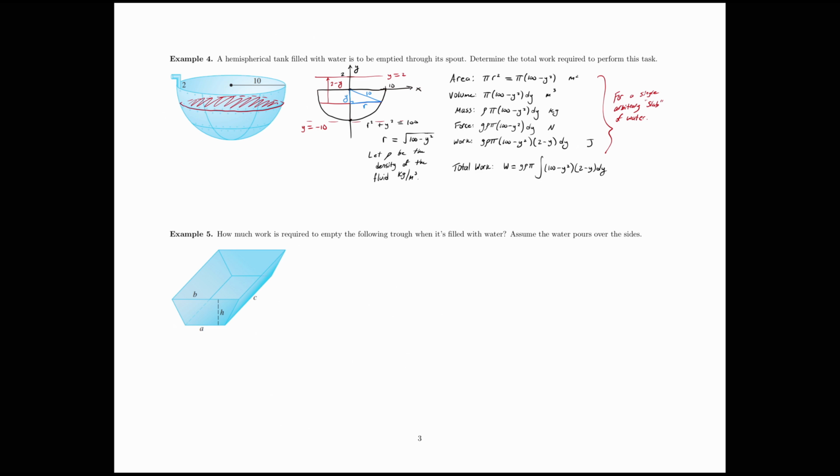So this is actually negative 10, and the water occupies this entire area. So from a y value of negative 10 at the bottom of the tank to a y value of 0 at the top of the tank. So the bounds for this integral would be negative 10 to 0. All right, that's it.